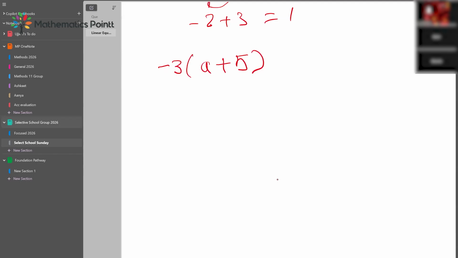-3 outside, a plus 5 inside, greater than 9. Can you solve it?